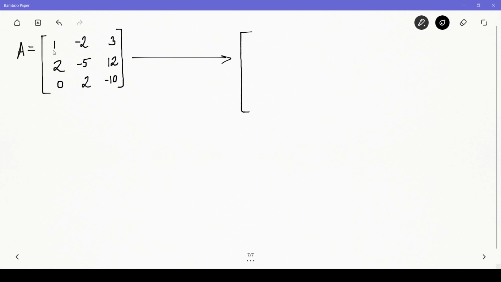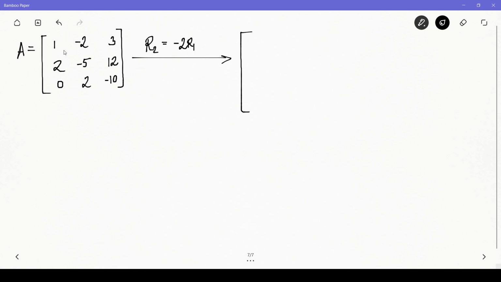Notice that we have 1 in the first column of our first row. In order to make this entry 0, we can multiply our first row with minus 2 and then add it to our second row. So we are doing R2 equal to R2 minus 2R1.